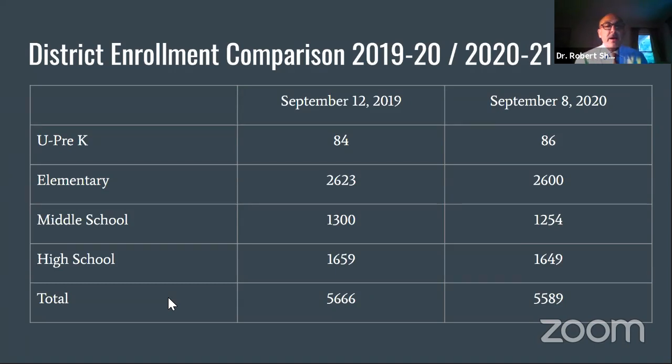But as you can see, from elementary to middle, there has been a slight reduction in total number of students at both the elementary and middle school grades. Overall, the most significant change or drop off is the lower kindergarten registration.